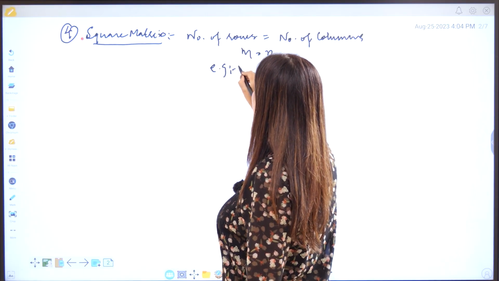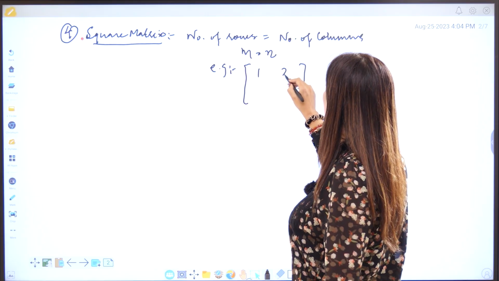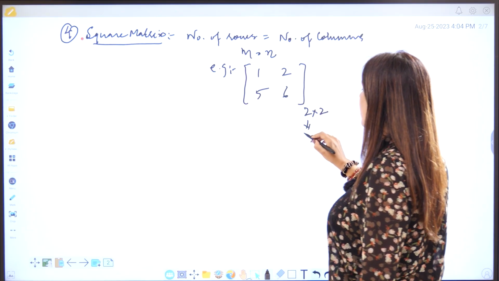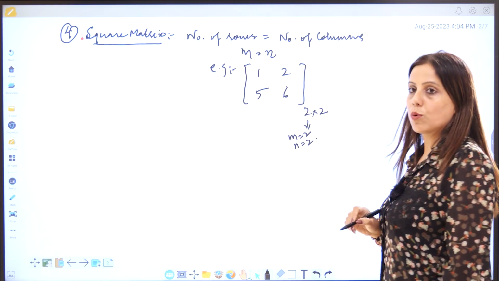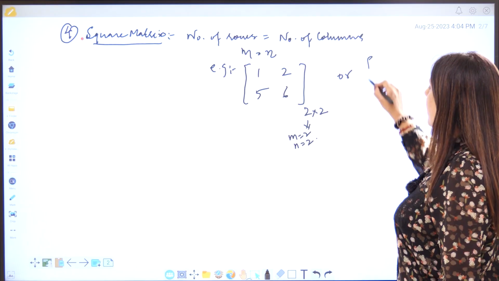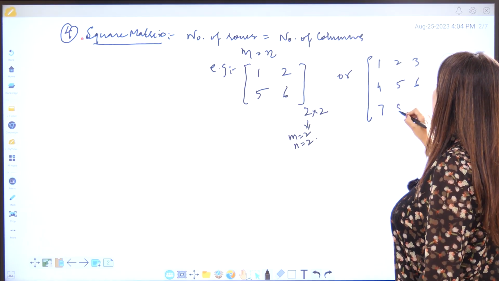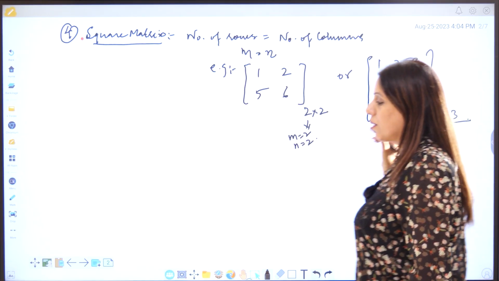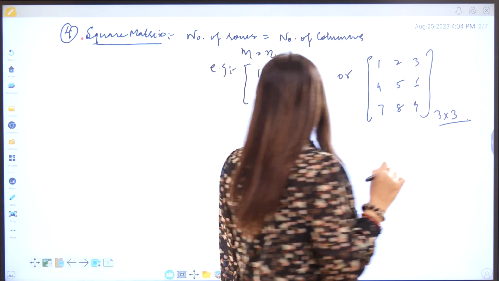We will discuss it with this example. You can write 1, 2, 5, 6, a 2 × 2 matrix, where rows m is 2 and columns n is 2. Another example, I can write 1, 2, 3, 4, 5, 6, 7, 8, 9. This is a 3 × 3 matrix in which the number of rows is equal to the number of columns, right?